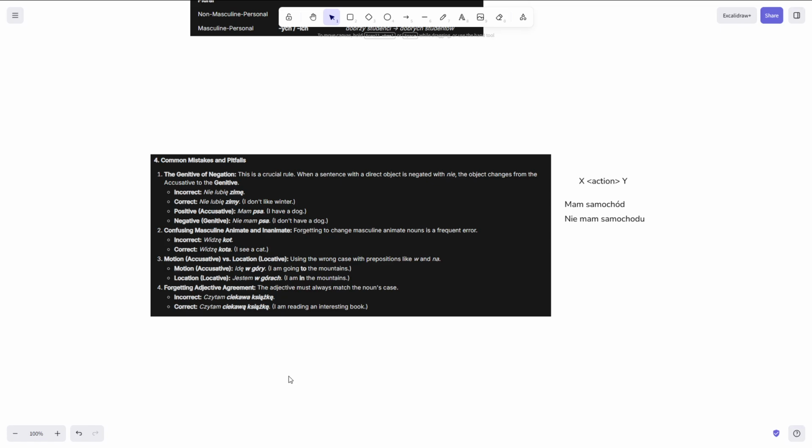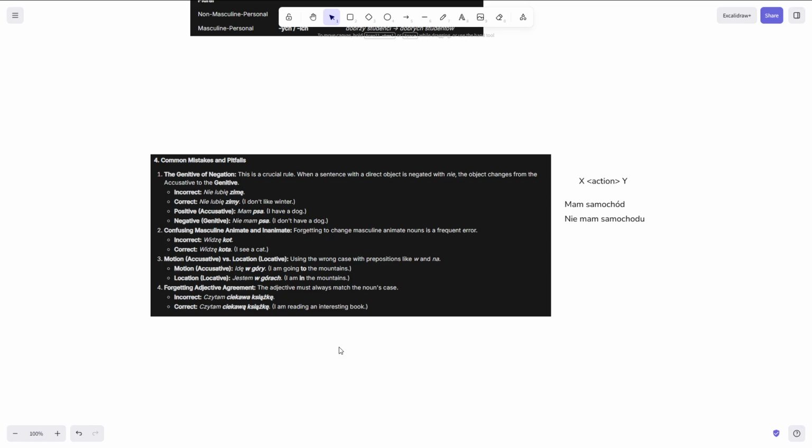Okay? And the last one is forgetting adjective agreement, which you have to start getting used to. And it is a pretty simple rule, fortunately: the adjective must always match the noun's case. And that is always the case, okay? The adjectives are the part of speech that are used to describe the nouns.